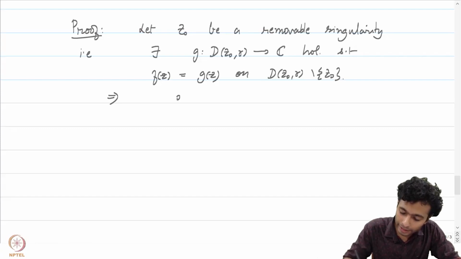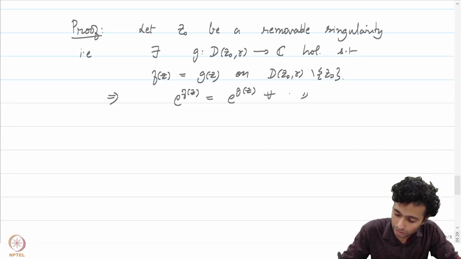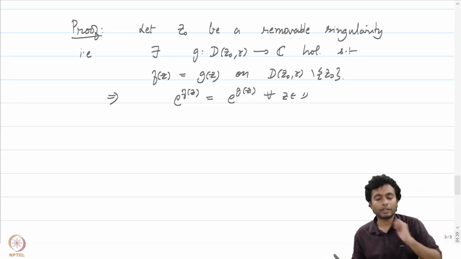That would imply that e to the power f of z is equal to e to the power g of z for all z in this particular set.